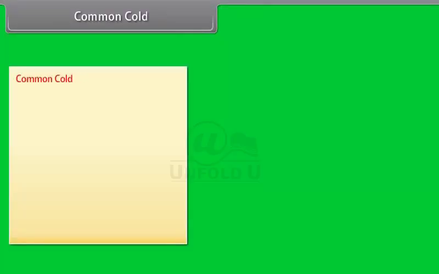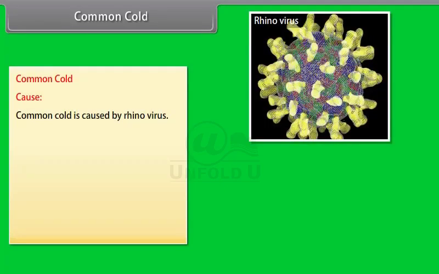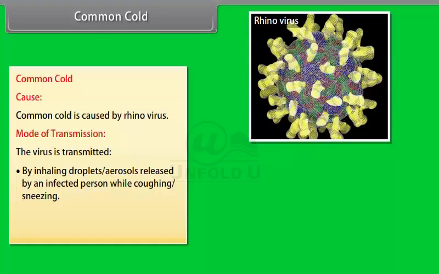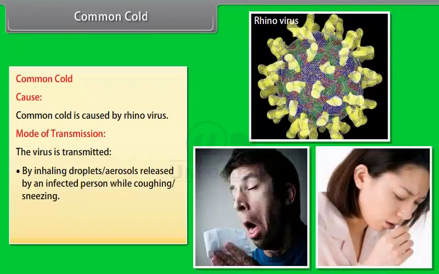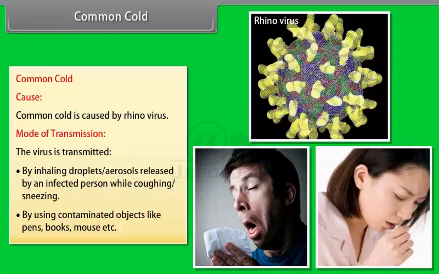Common cold. Cause. Common cold is caused by rhinovirus. Mode of transmission. The virus is transmitted by inhaling droplets and aerosols released by an infected person while coughing, sneezing, or by using contaminated objects like pens, books, mouse, etc. Mechanism of action.